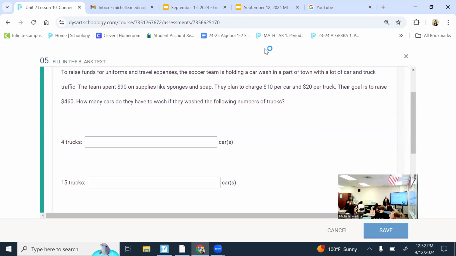So the format we did today is probably going to be the same format for all the word problems. So when you have a word problem, you look for what first?